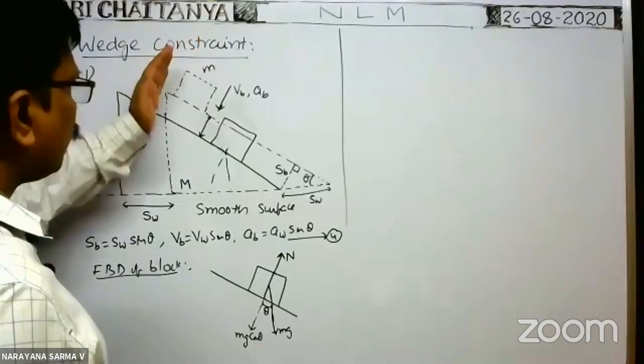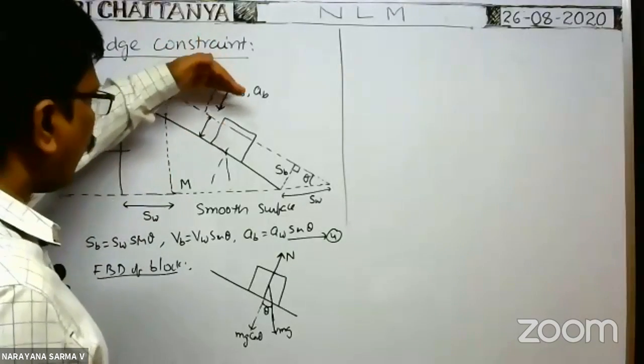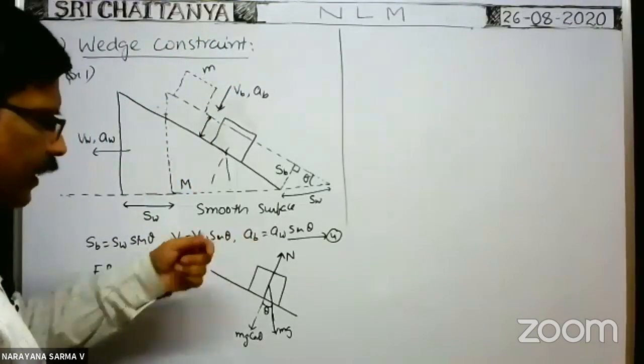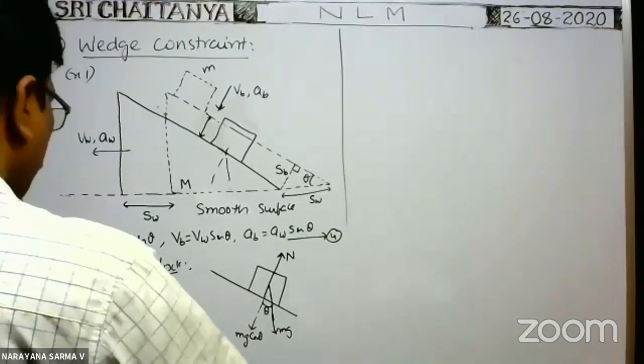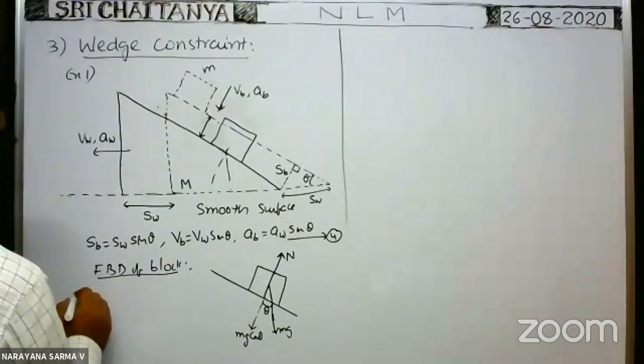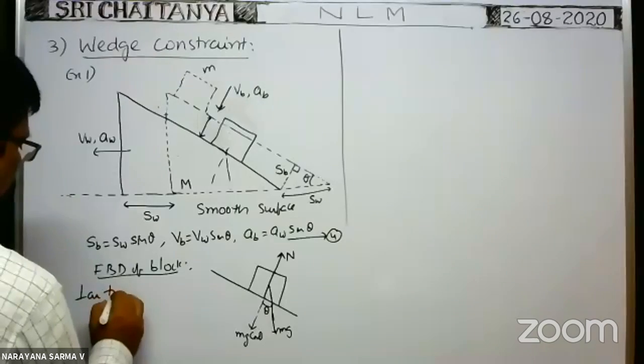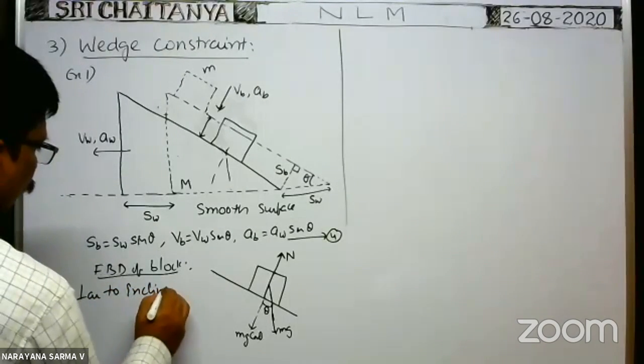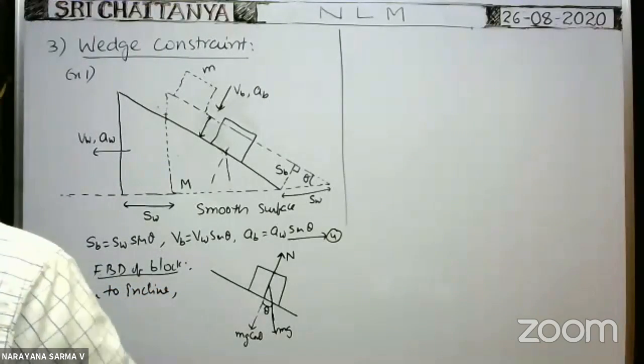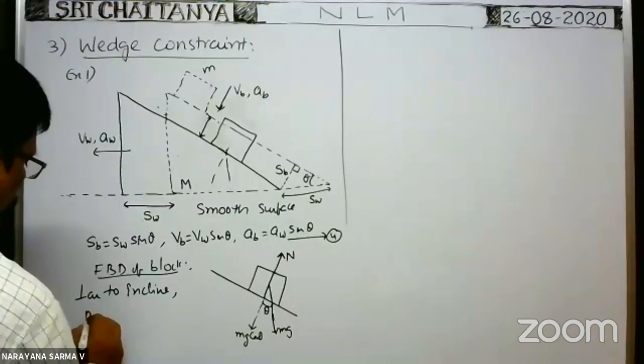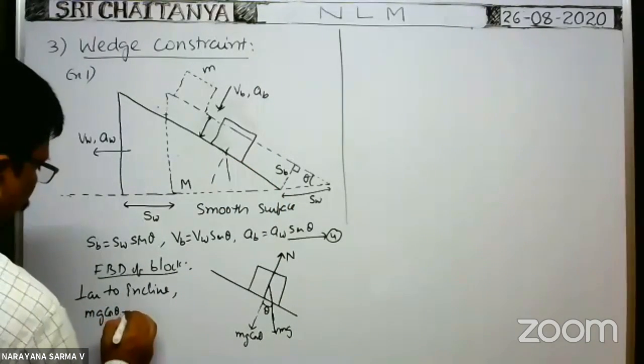Even then, whenever the wedge moves in this direction as the block comes down, mg cos theta is greater than N, no? So what is the net force on the block perpendicular to the incline? The net force is mg cos theta minus the normal force.